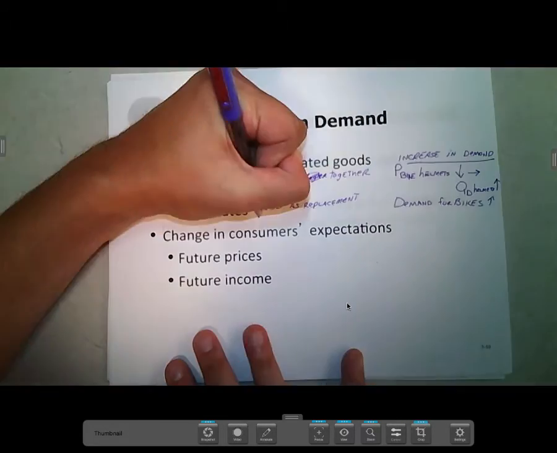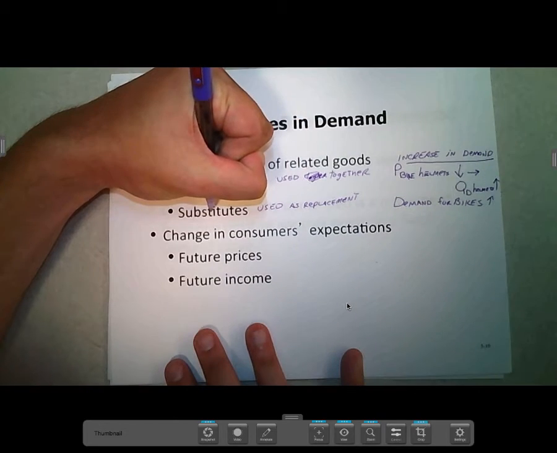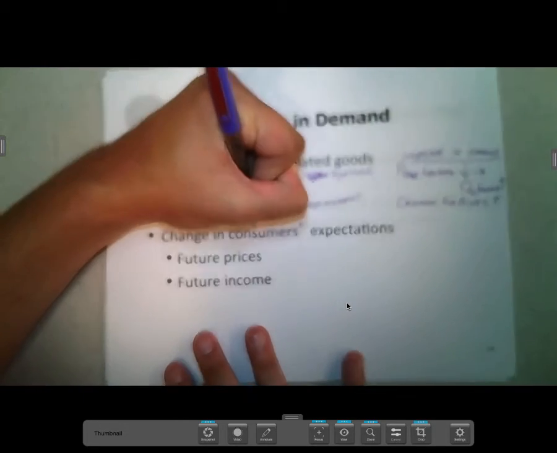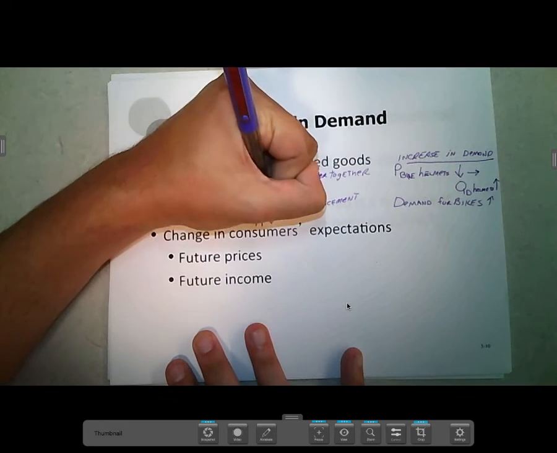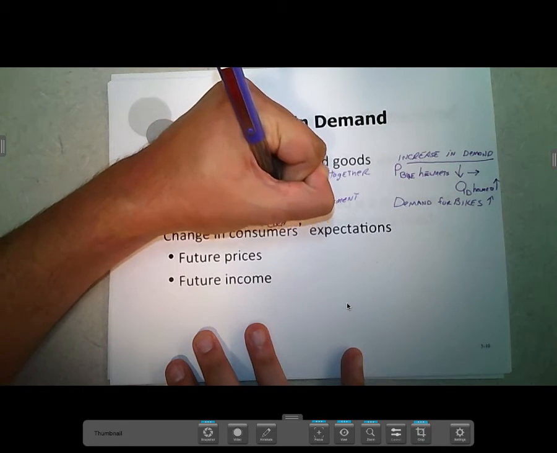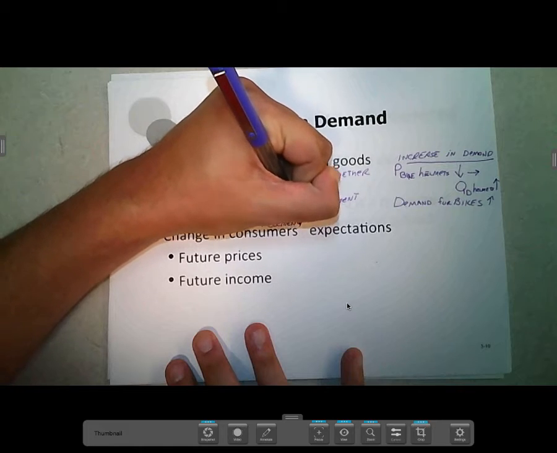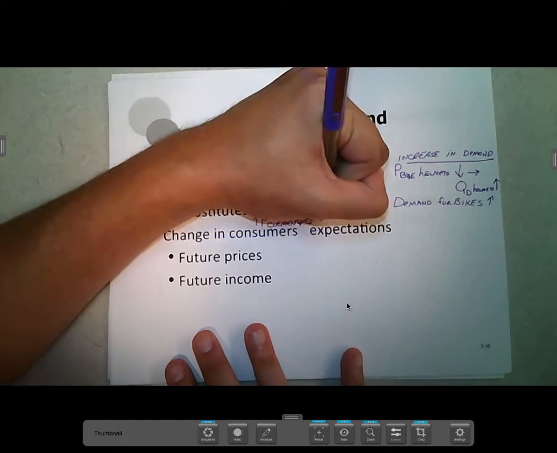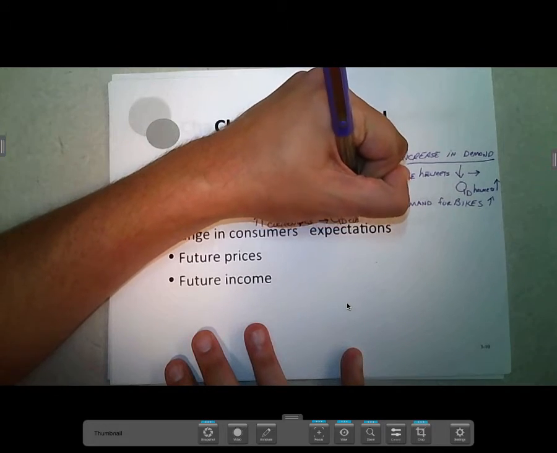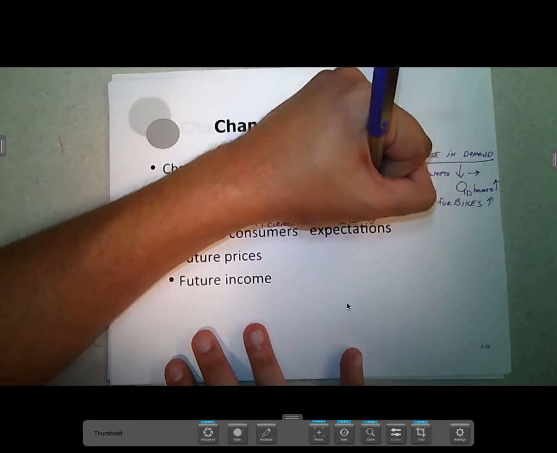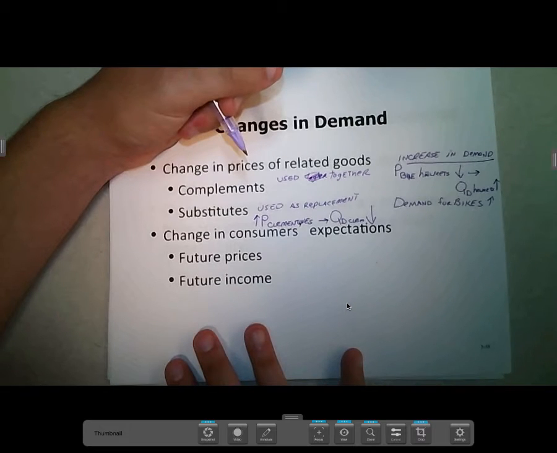Alternatively, if we use oranges and clementines as our substitutes, if I raise the price of clementines, the quantity demanded of clementines will fall. That's a law of demand issue.